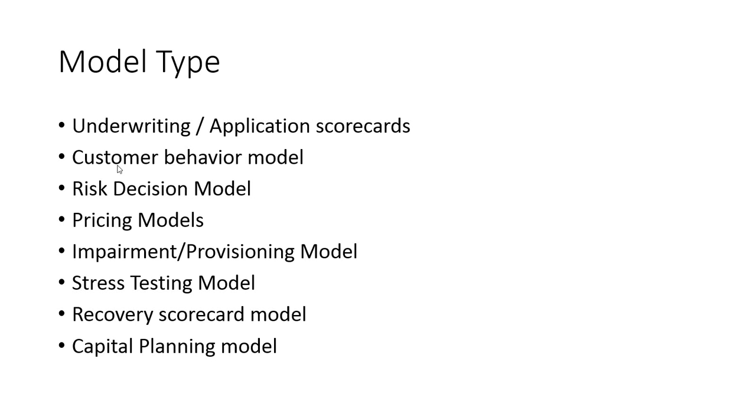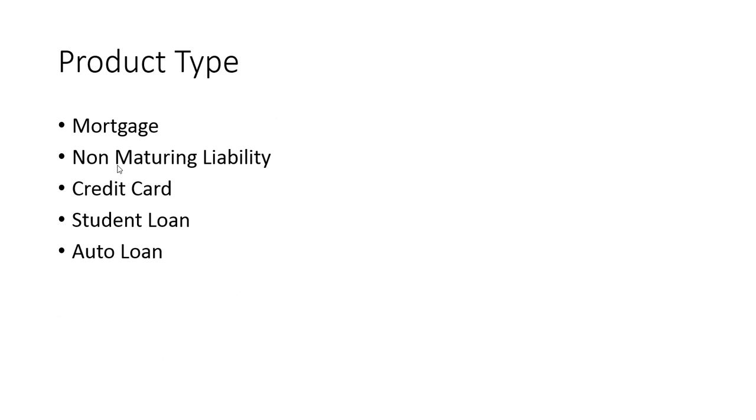Pricing models are used for pricing products, fixing interest rates and so on. Impairment and provisioning models, and there are stress testing models, recovery models, there could be capital planning models and so on. So it's important that a proper category is maintained by having a model type section in your model inventory.